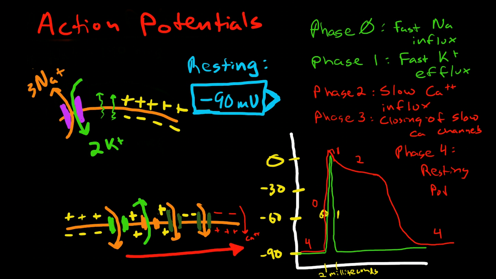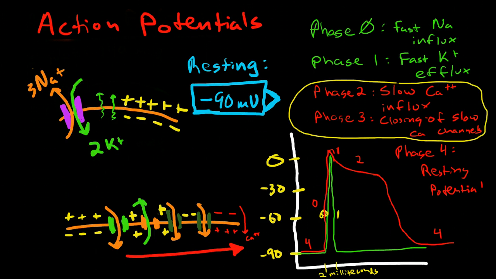Okay. So the major difference that distinguishes cardiac myocytes from nerve cells is this existence of phase 2 and phase 3 with the slow or long calcium channels that prolongs this action potential from 2 milliseconds to about 300 or 350 milliseconds.